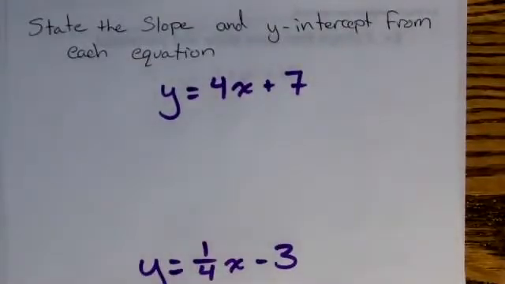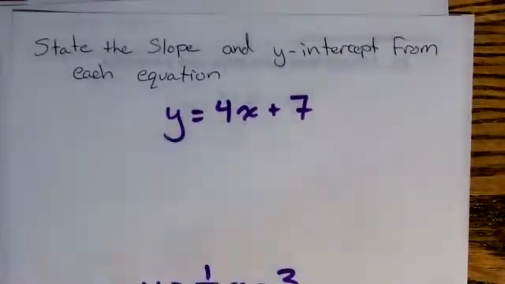All right, so we looked at how to generate an equation when given a slope and a y-intercept. Now we're going to do the reverse. I'm going to give you an equation, and I want you to be able to state what the slope is and what the y-intercept is. If we look here, we have y equals 4x plus 7.